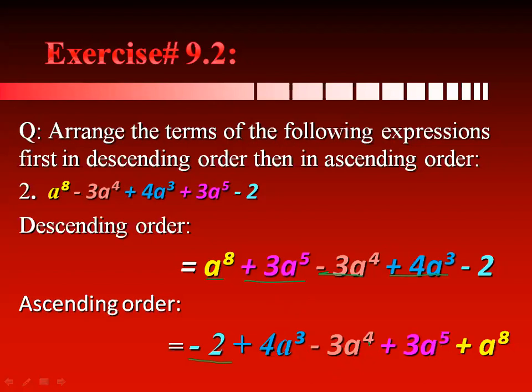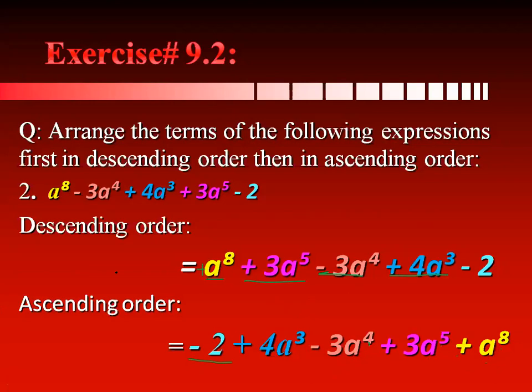But here there is no sign, so the sign of a^8 is plus. So you will write plus a to the power 8. This is the way to write down the ascending and descending order of any given expression.